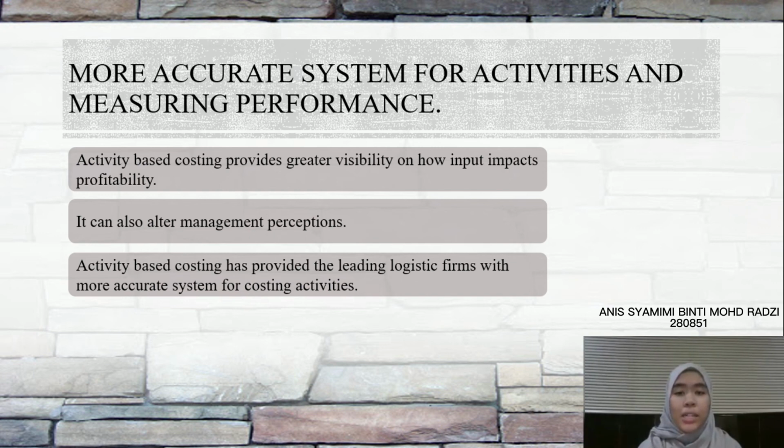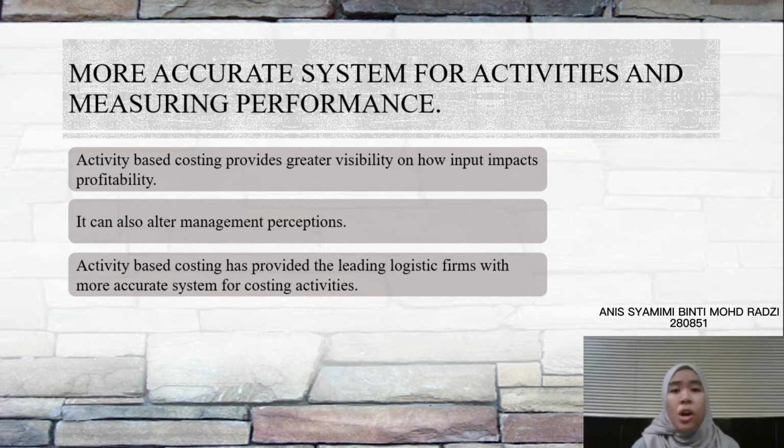As a conclusion, the activity-based costing system provides the leading logistics firm with a more accurate system for costing activity and measuring performance. Overall, we can see that there are a lot of benefits and advantages of the activity-based costing system, not only in the logistics industry, but in general, in manufacturing companies and also service companies.